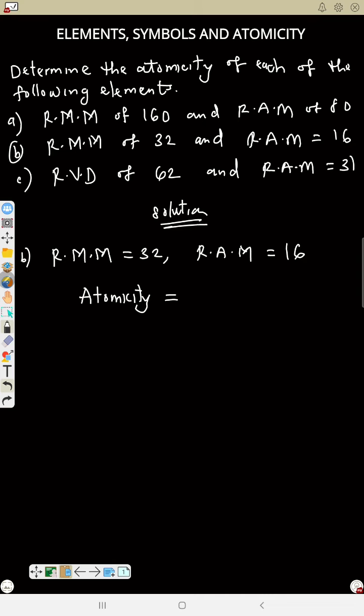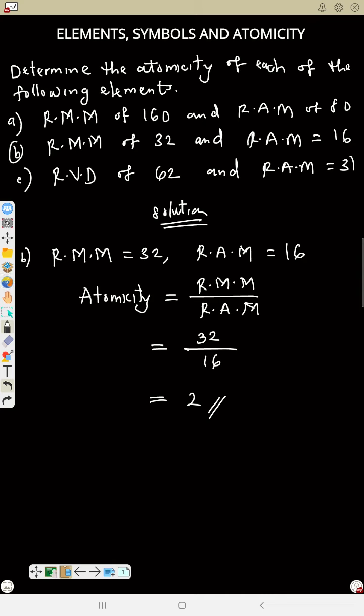The atomicity is relative molecular mass over relative atomic mass. So what is the relative molecular mass? Relative molecular mass is 32. And what is relative atomic mass? Relative atomic mass is 16. That means the atomicity of this element is 2. 32 divided by 16, 2.